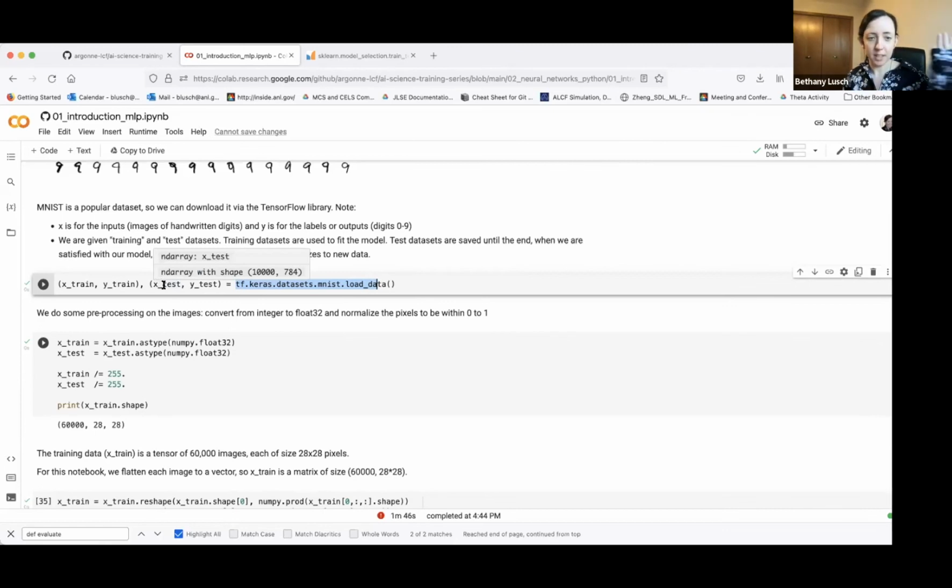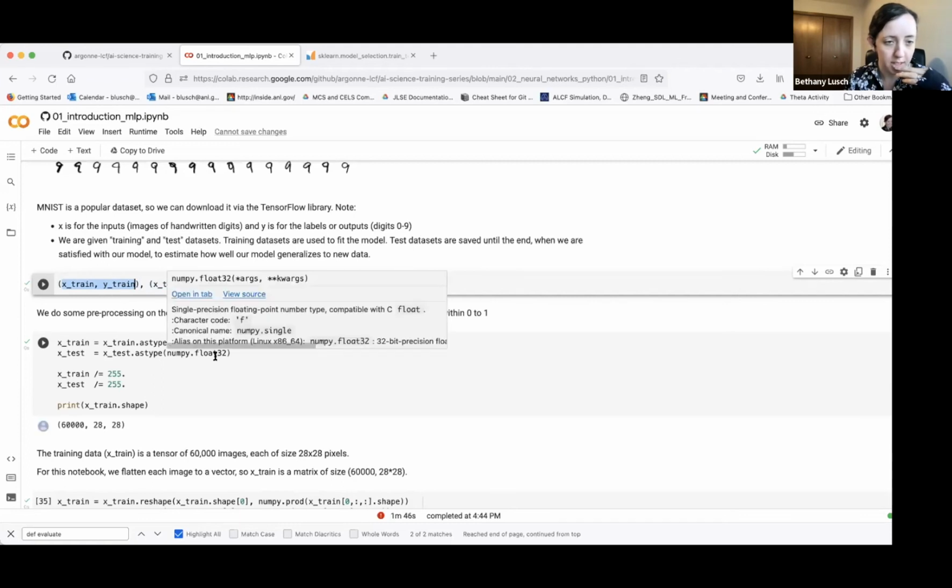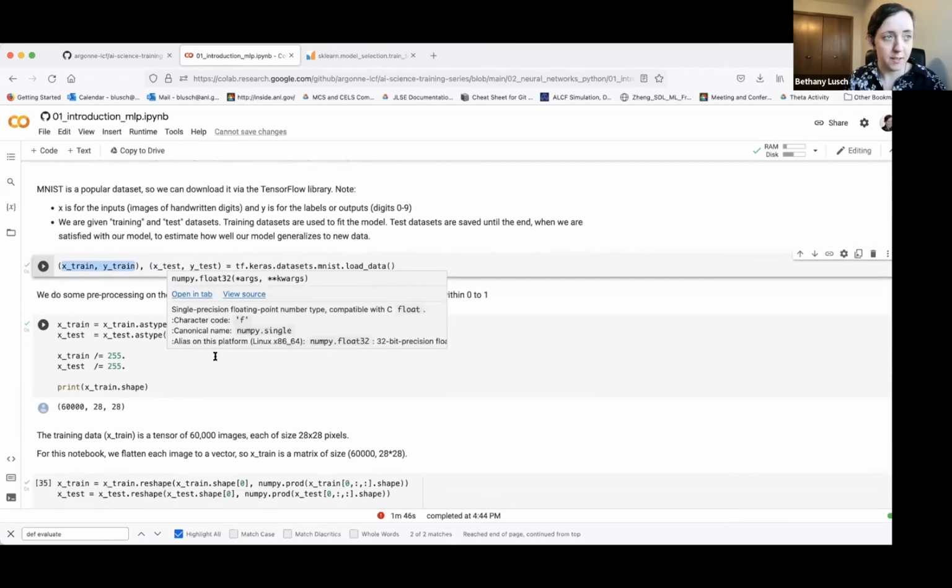So it's like everyone in the world has the same test data for MNIST. And now we're like, well, it'd be nice to have a validation data set as well, so that we can use it to compare models, like compare learners. So that's why we're further splitting train into train and validation.